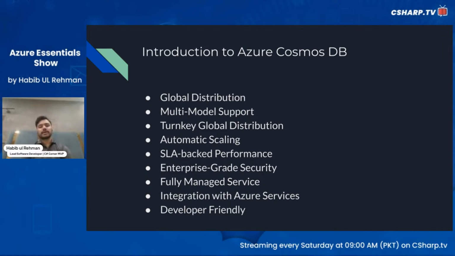You can use global distribution with just one single click, and you can also implement automatic scaling with SLA-backed performance. Azure Cosmos DB provides enterprise-grade security with encryption, and it also provides a fully managed service. You don't have to provision your hardware. And at the end, integration with Azure services is very easy with Azure Cosmos DB.